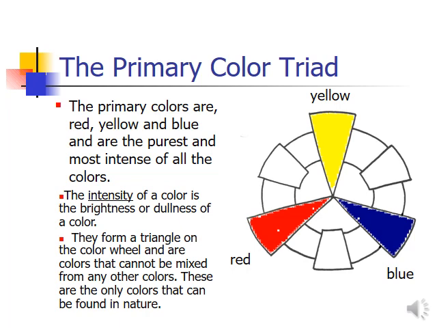They form a triangle on the color wheel and are colors that cannot be mixed from any other colors. These are the only colors that can be found in nature. So this is the color wheel. This is how we put the primary colors in a triangle shape.